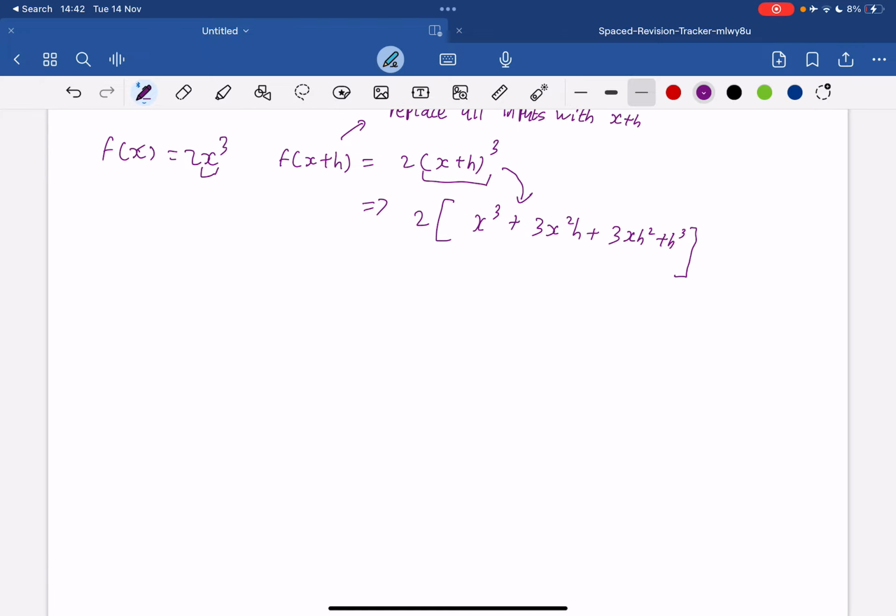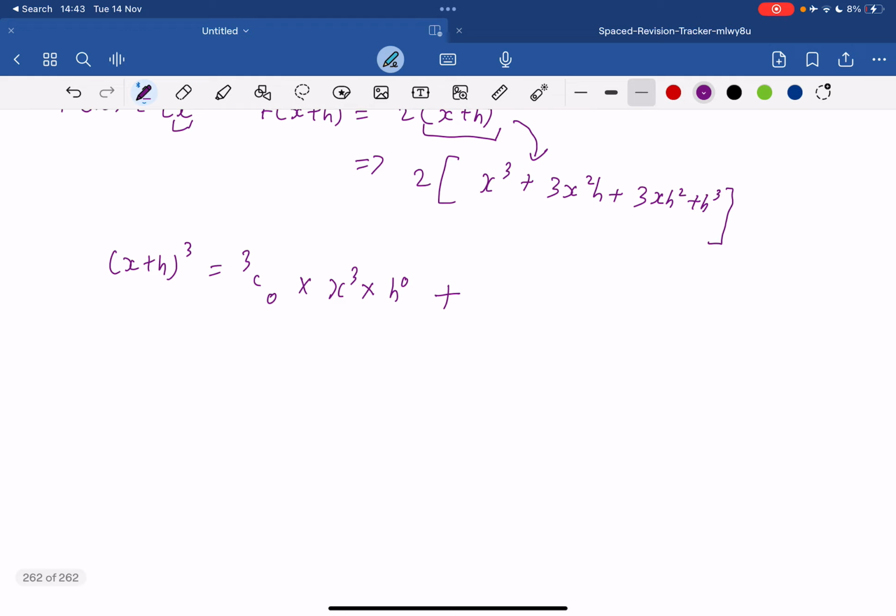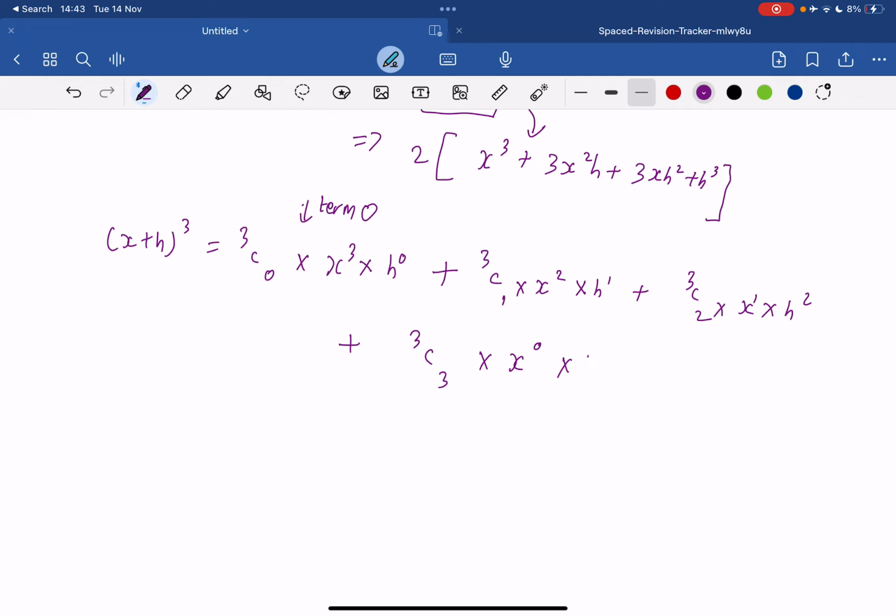So in the binomial expansion, if I had x plus h cubed, this would equal 3C0 times x to the power of 3 times h to the power of 0, plus, because the binomial expansion is summative, you're continuously adding terms, that's term 1, or the 0th term, we call it in the binomial expansion, plus 3C1 times x squared times h to the power of 1, plus 3C2 times x times h squared, plus 3C3 times x to the power of 0 times h cubed.